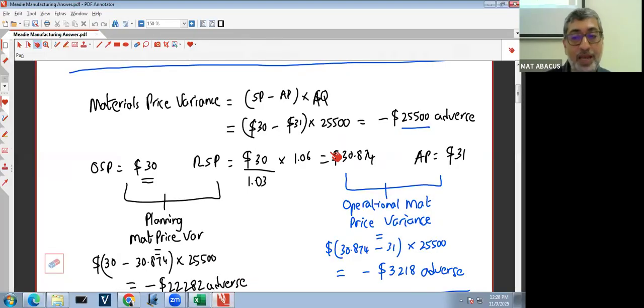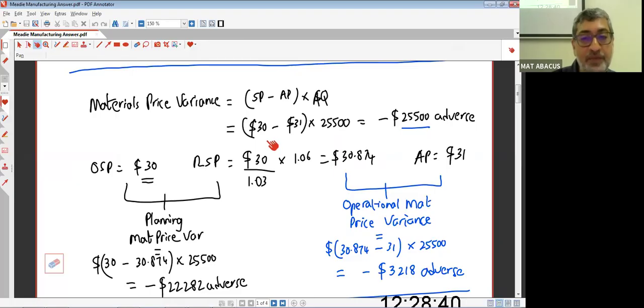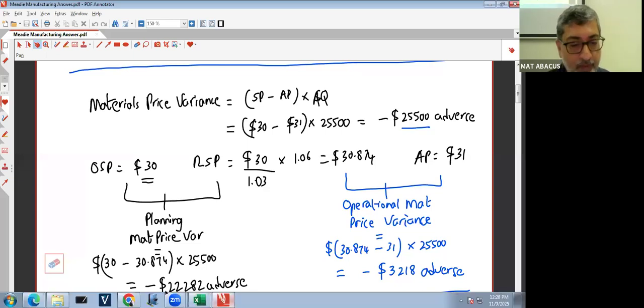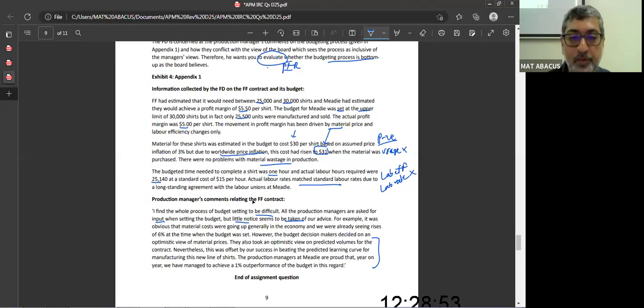If you adjust the standard price by 6%, that will be $30 divided by 1.03 times 1.06. The material was estimated to cost $30 based on an assumed inflation of 3%, but actually the assumption should have been 6%.